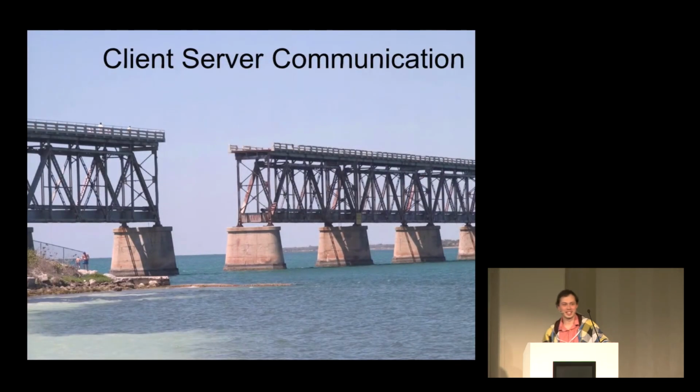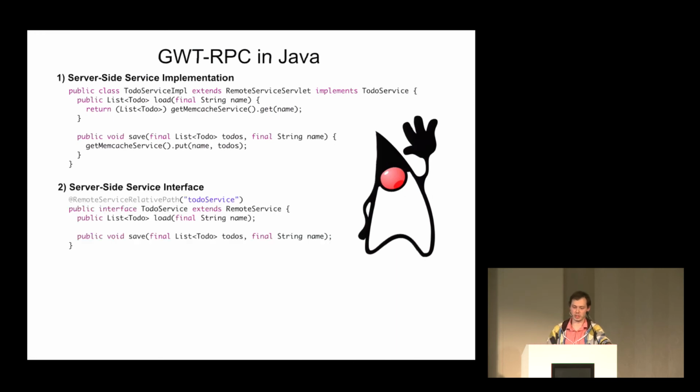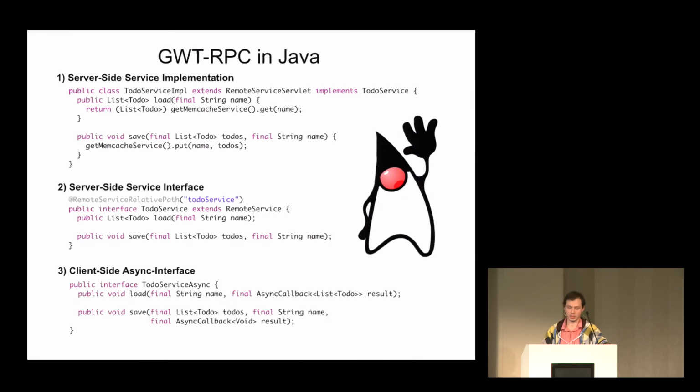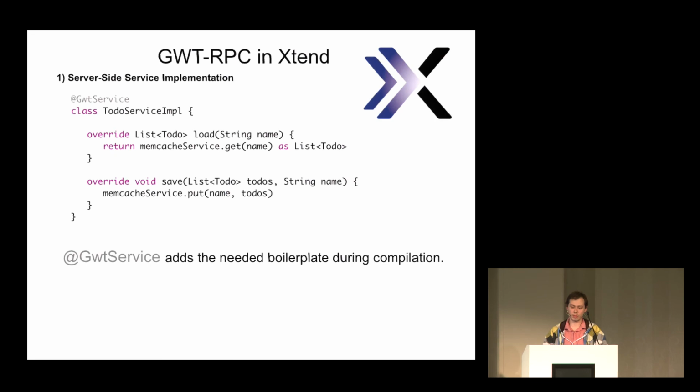Okay, for client-server communication, we use GWT RPC. And again, in Java, you know this pattern that you need a server-side implementation, a server-side interface, and then you need the client-side async equivalent. And you have these problems that you should keep it all in sync. In Xtend, we use the GWT service active annotation to overcome the issue with boilerplate.